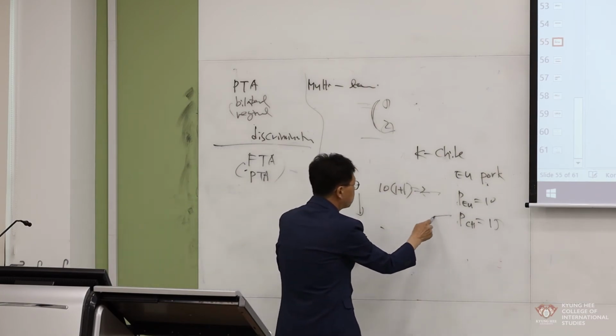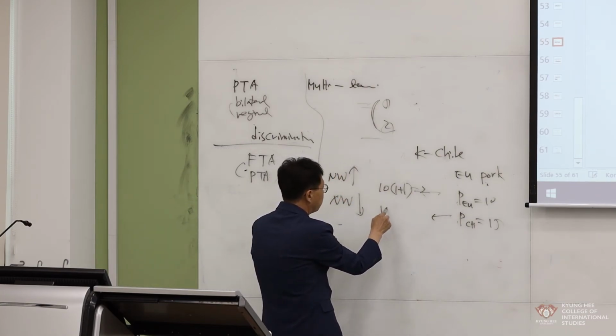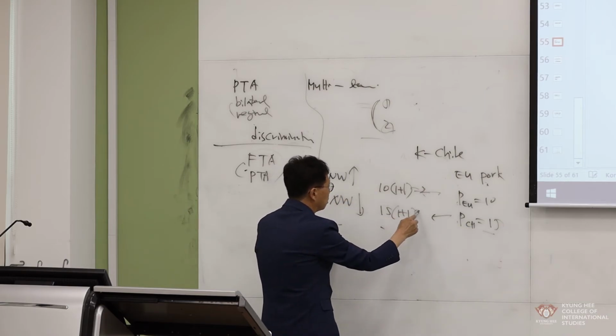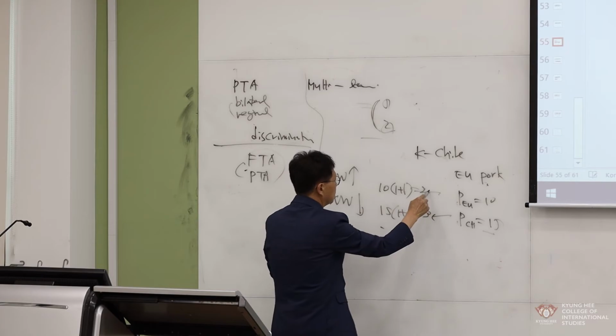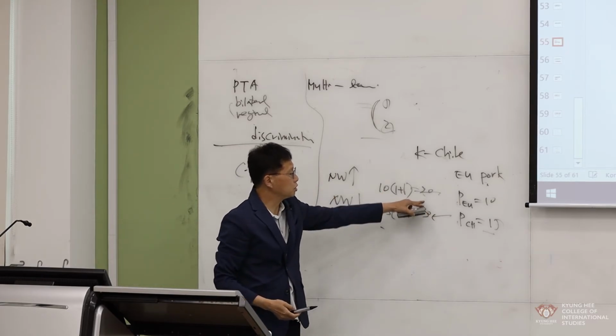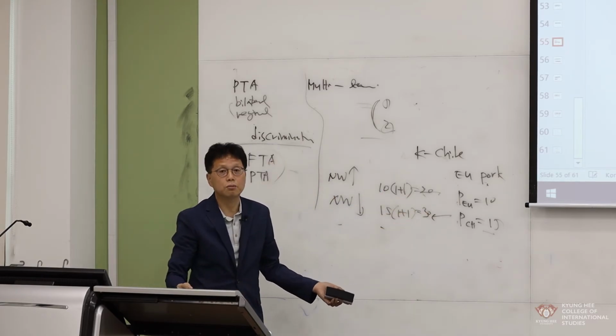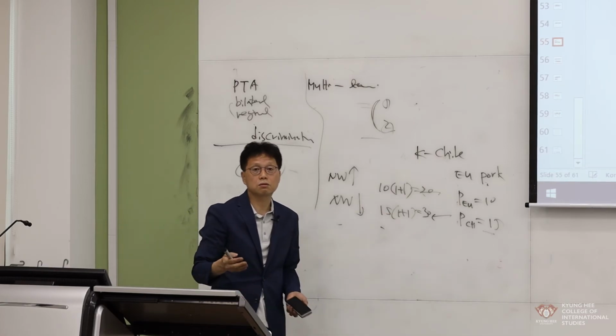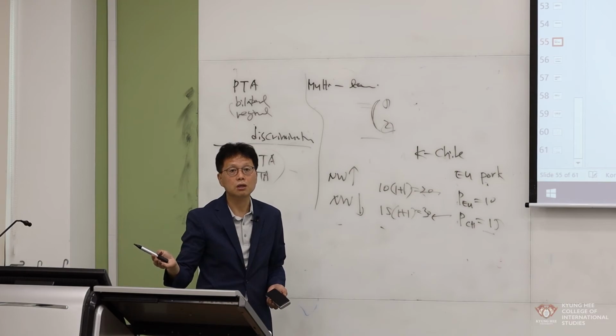And the Chilean pork price in the Korean market is $15 times 1 plus 100%, so $30. So EU pork is cheaper than Chilean pork, so we imported EU pork. This one is used for samgyeopsal, right?